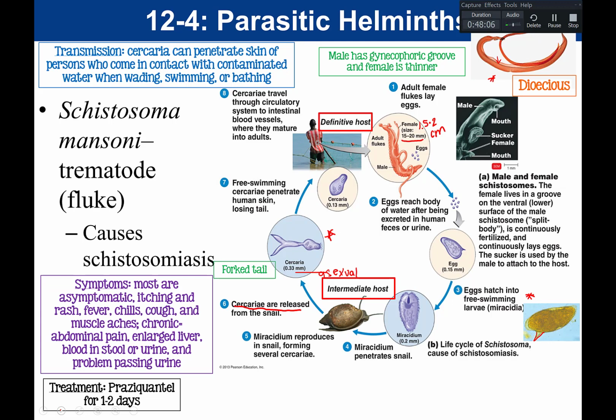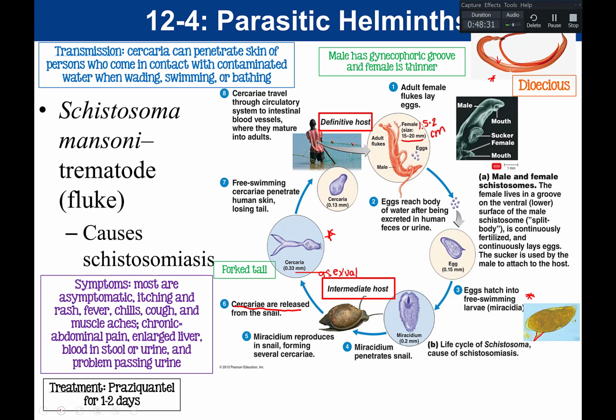So fever, chills, cough, muscle aches. And then the symptoms of chronic schistosomiasis, so the long-term effects, could include abdominal pain, enlarged liver, blood in the urine, blood in the stools, as well as problems passing urine if you get blockages.